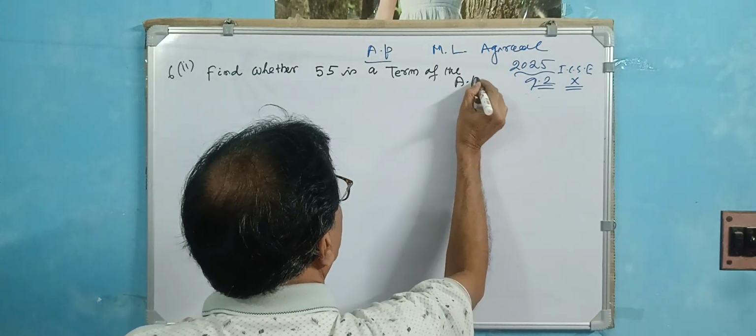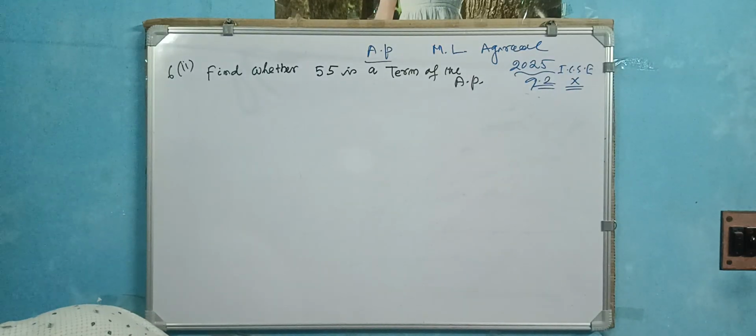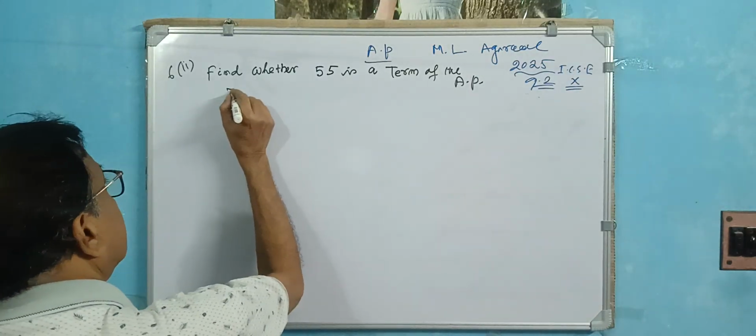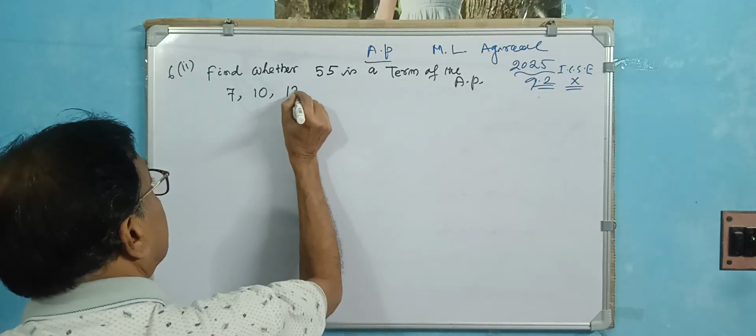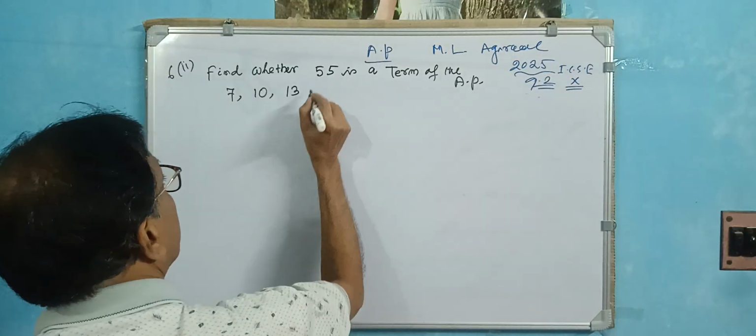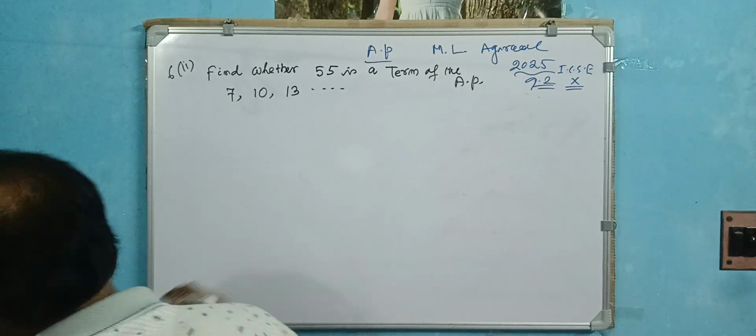I just write here the AP: 7, 10, 13, dot, dot, dot. Or not.